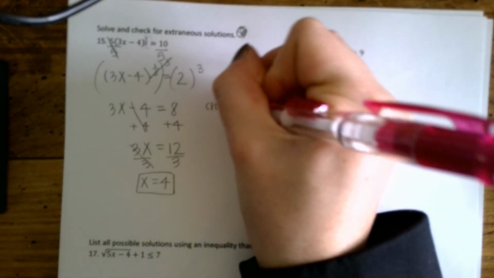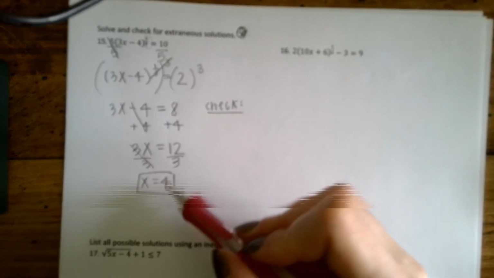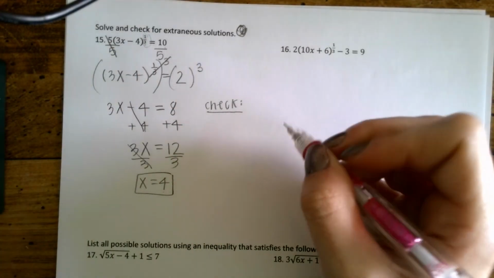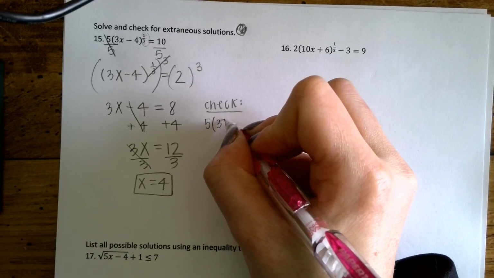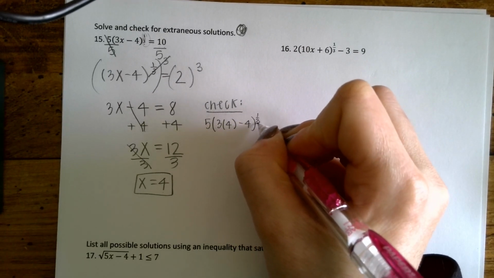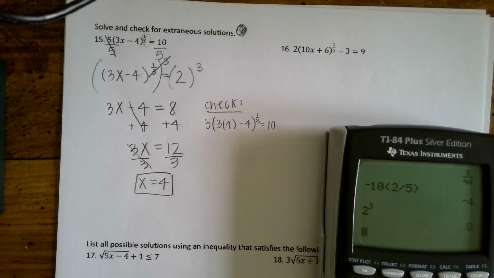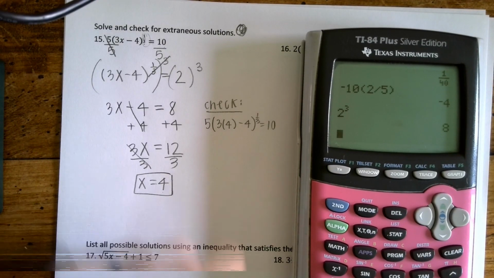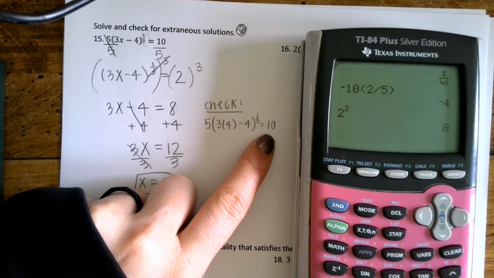I also need to make sure that I'm checking my answer. To check my answer, I'm going to take this 4 and plug it back into my original. So I have 5, 3 times 4 minus 4 to the 1/3 equals 10. So I'm going to use my calculator, and I'm going to type in just the stuff on the left-hand side of my equal sign and hope that it equals 10.